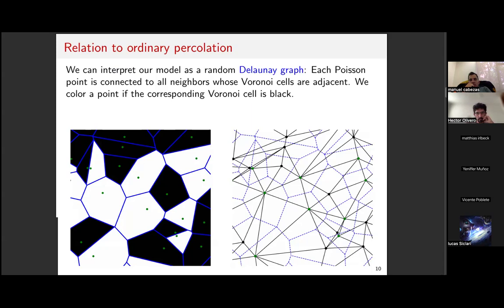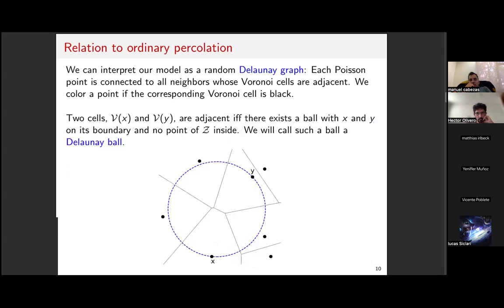There's one very important characterization of this adjacency: two points, here you have X and Y, are adjacent, or they share a face, if and only if there exists a ball, now in blue here, with the two points on the boundary, but no other point inside this ball.